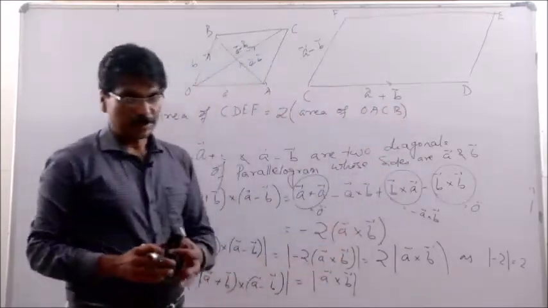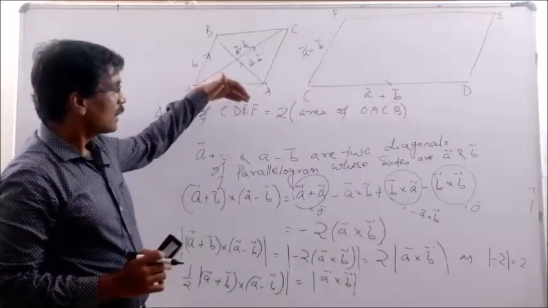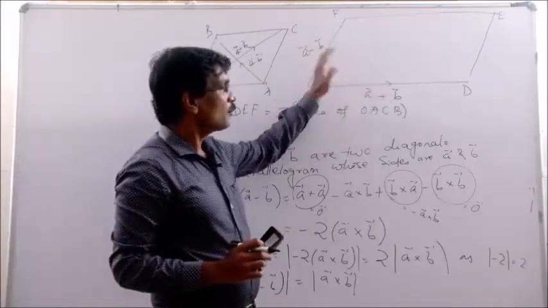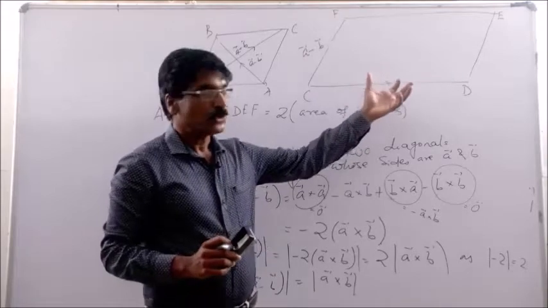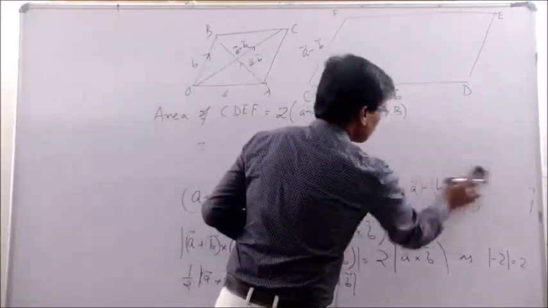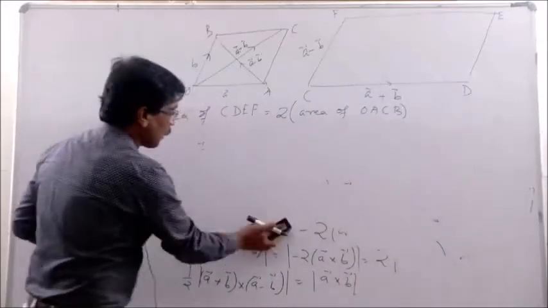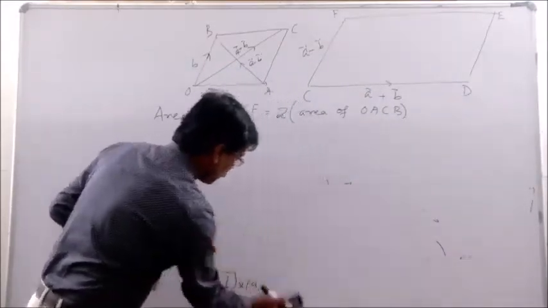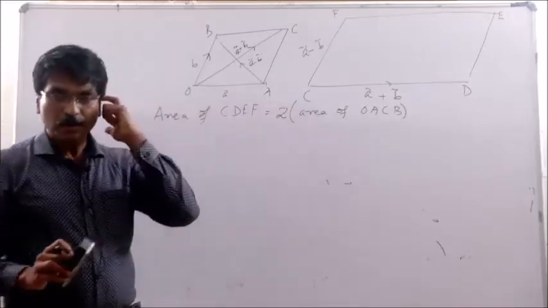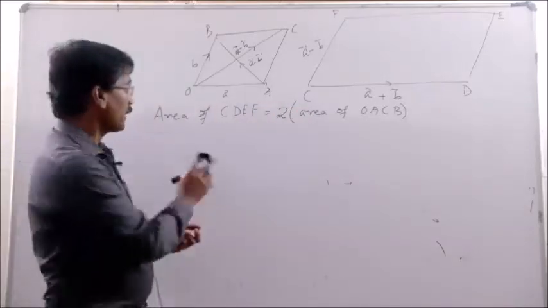So that means if we take two diagonals as two sides of a new parallelogram, its area will be twice that of the original parallelogram. So one of the geometrical applications of cross product is to find the area of a parallelogram or the area of a triangle.